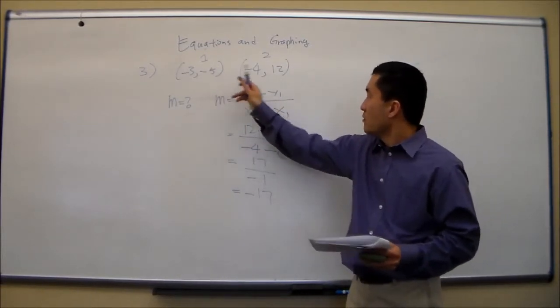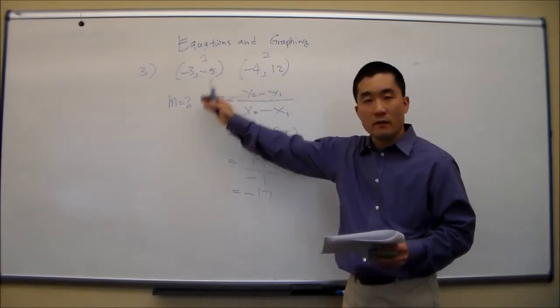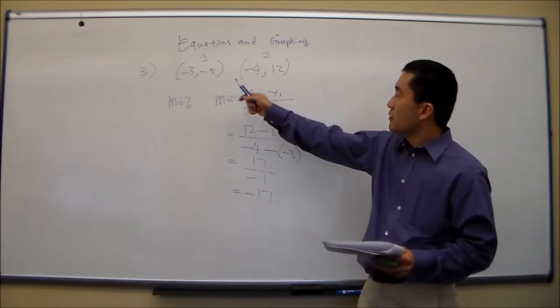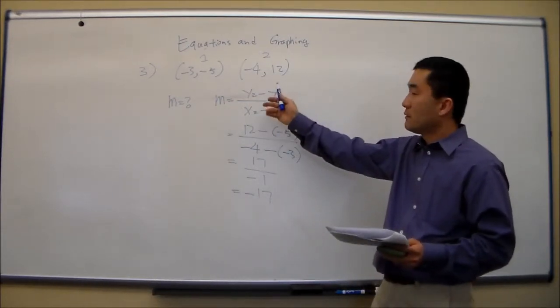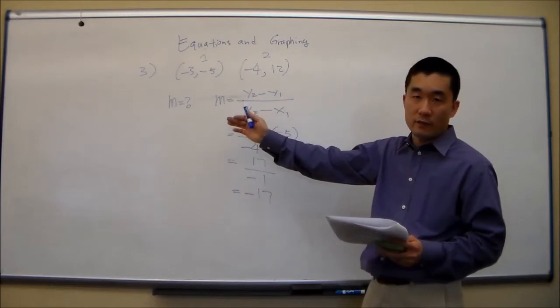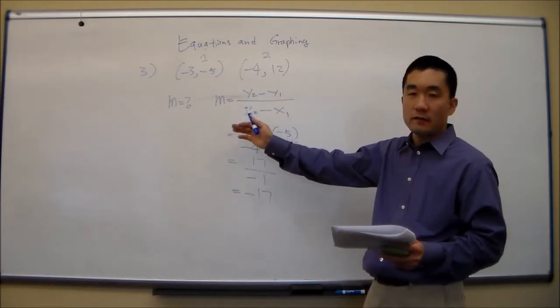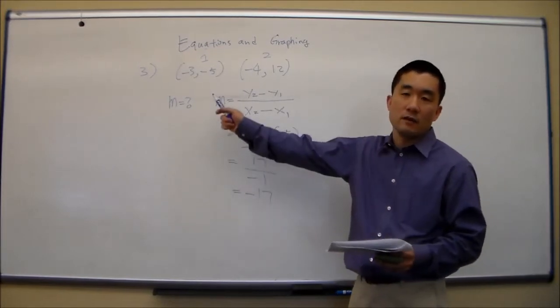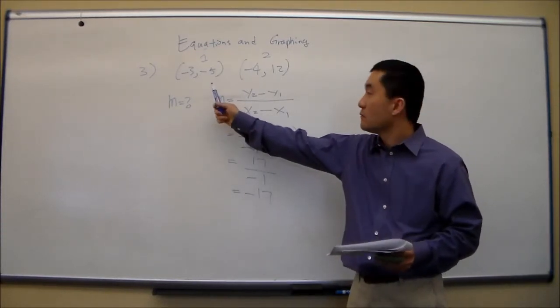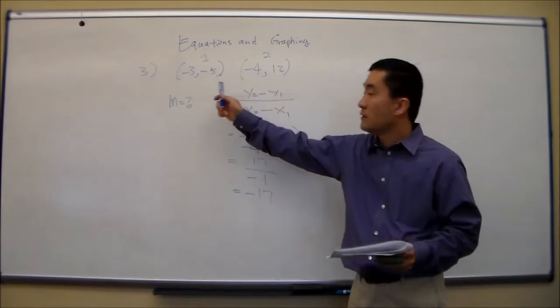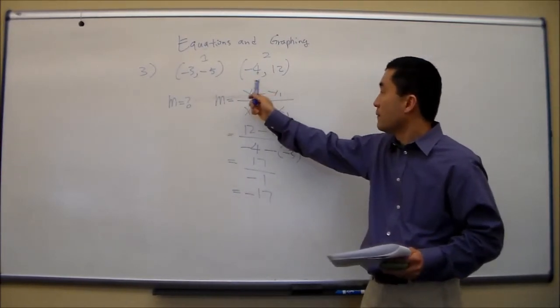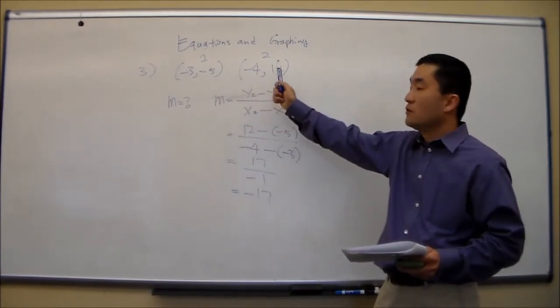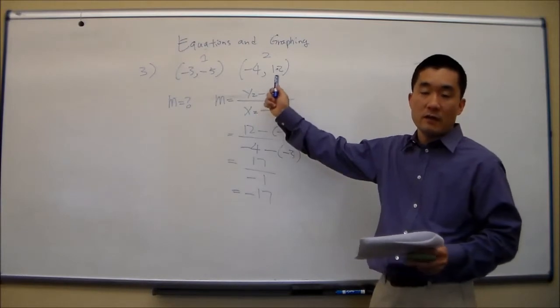So you can use either point to solve this. Which one do you want to use, 1 or 2? It really doesn't make a difference. But I like to make things easy, and the easiest ones are the ones without the negative signs, or at least the least amount of negative signs. So between 1 and 2, I'm going to use 2 as my point.